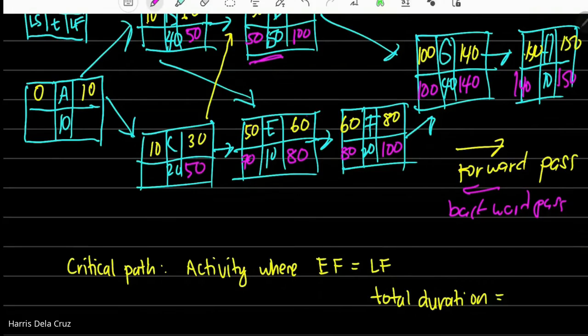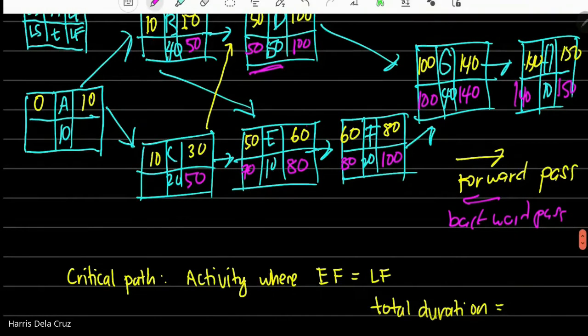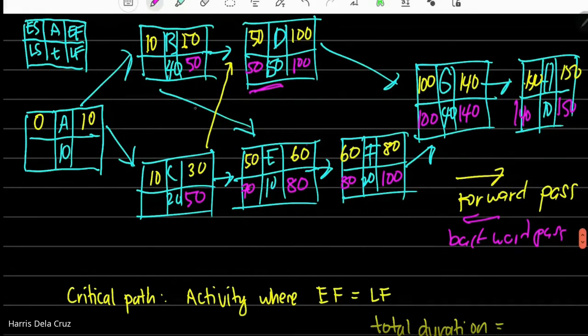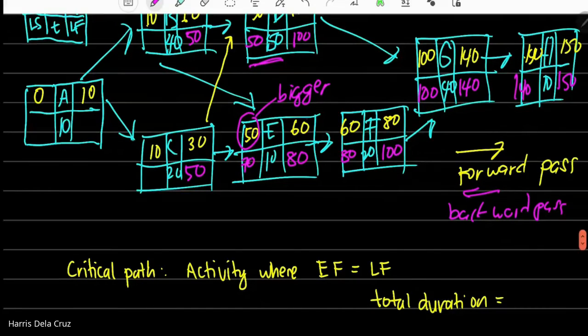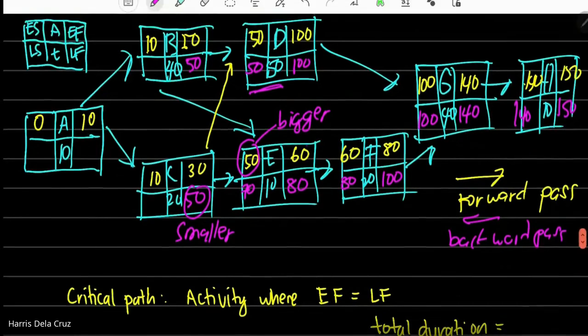So, kanina sa forward pass, ang kinukuha mo, bigger value. Kung dalawa yung dependencies niya, ang kinukuha mo dito, bigger. Pero sa pabalik, ang kinukuha mo dito, smaller. Yan, tandaan nyo yun para di kayo malito. Pag forward pass, kinukuha mo bigger. Pag backward pass, kinukuha mo smaller.